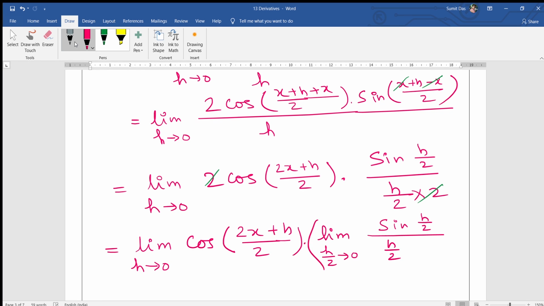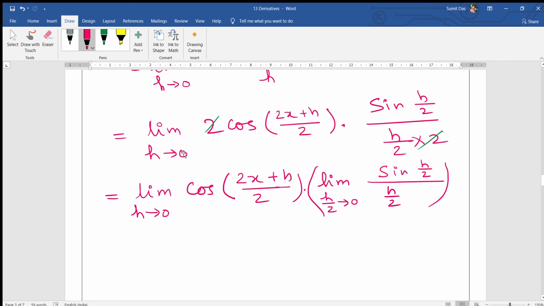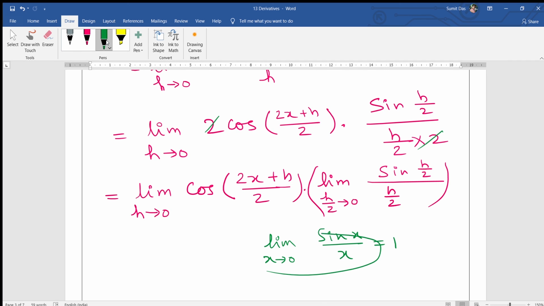Why am I writing like this? Because we have this formula that limit x tends to 0 sin x by x equal to 1. So we will try to construct the formula structure so that we can directly write the value.